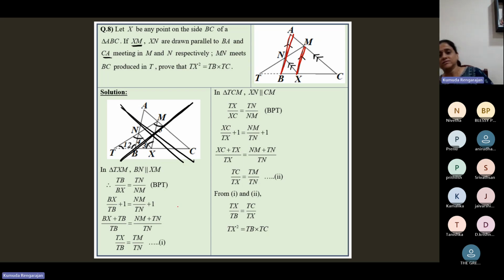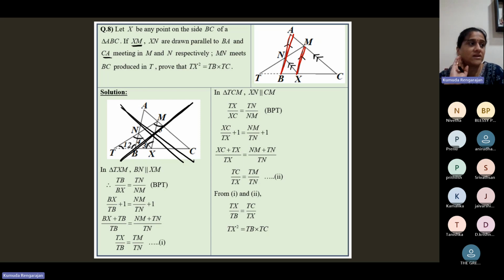So which is a triangle? You should choose the triangles so that when you choose two triangles, they must have a common side. That's very important. Here we have two sets of parallel lines, right? The two triangles which you take must have a common side.